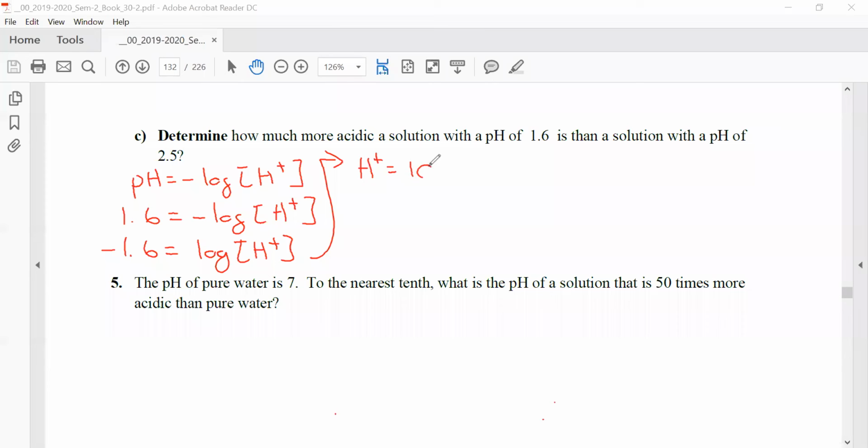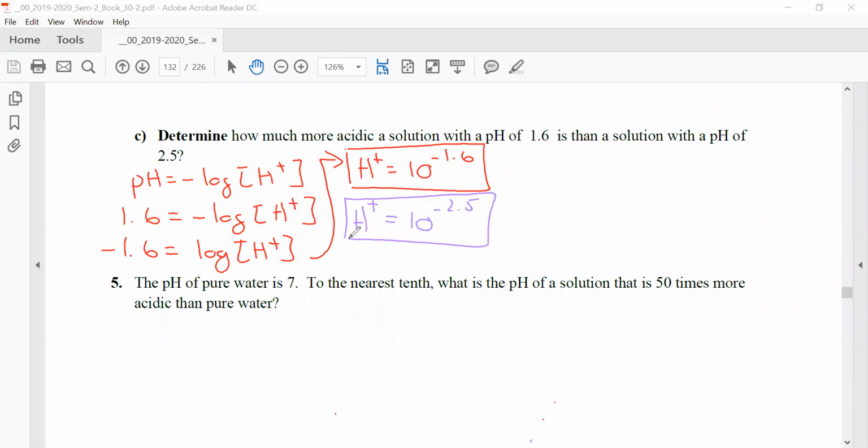That's my hydronium concentration for the first solution. The second solution, I'm going to do the exact same thing and cut right to the chase. If I had more room, I would show all my work, but here's my second one.